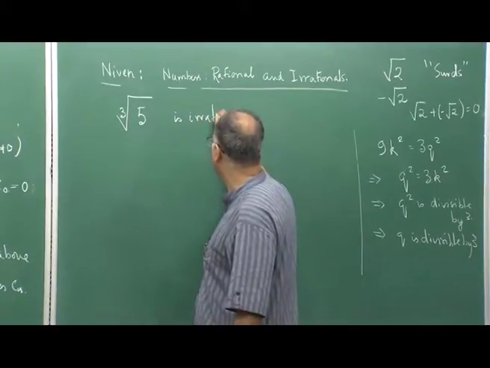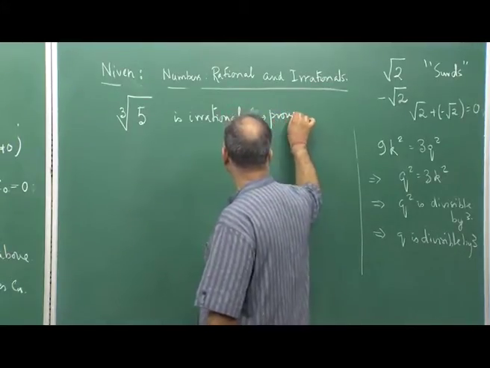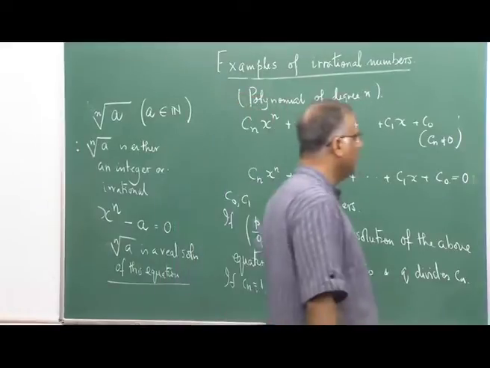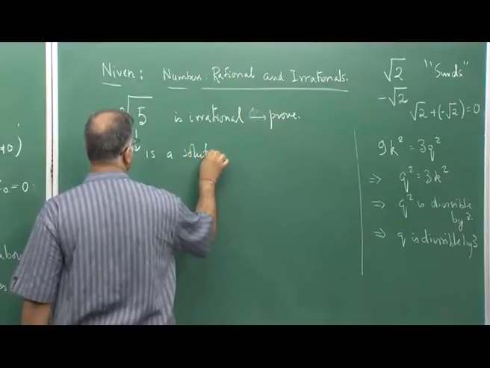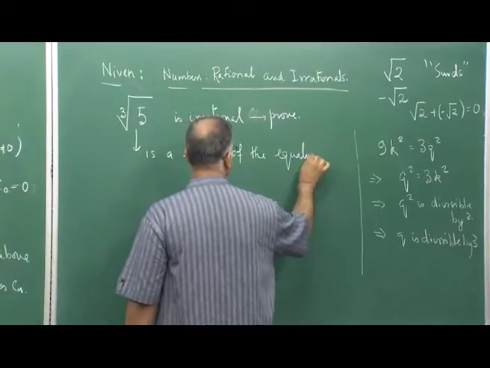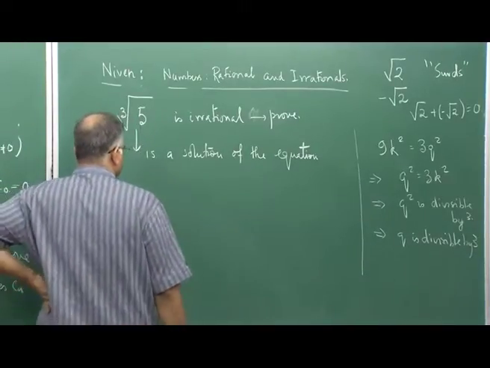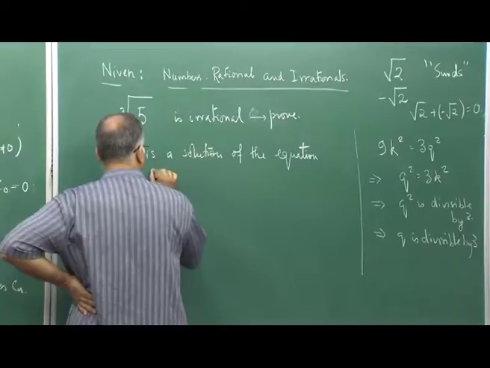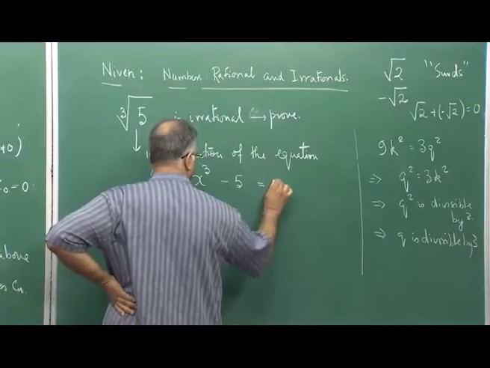You will see how beautifully we can use this simple idea, because I can now write that this is a solution of the polynomial equation of degree 3, x cubed minus 5 is equal to 0.